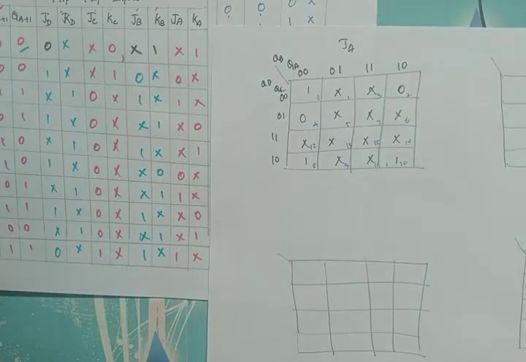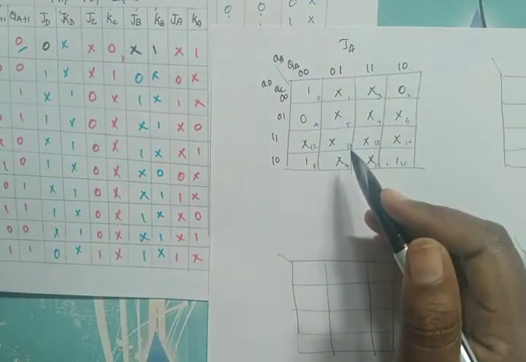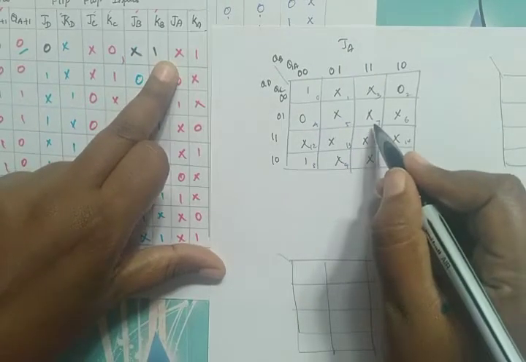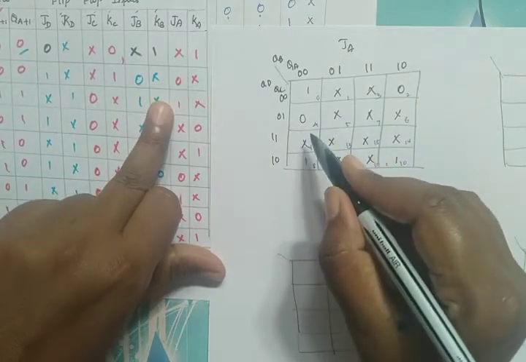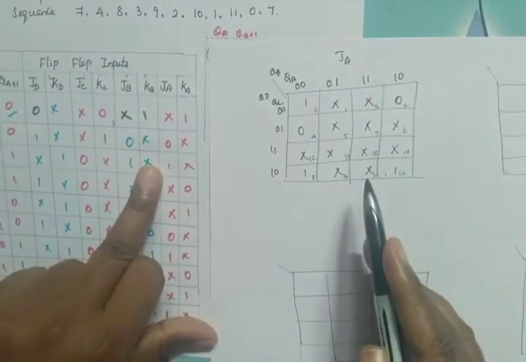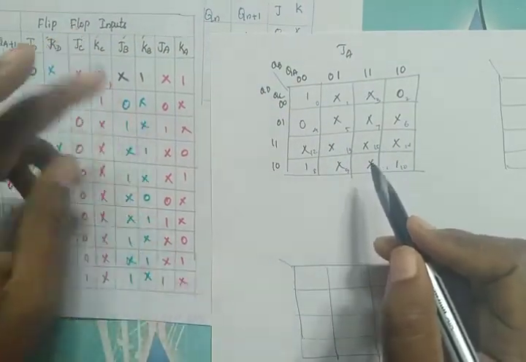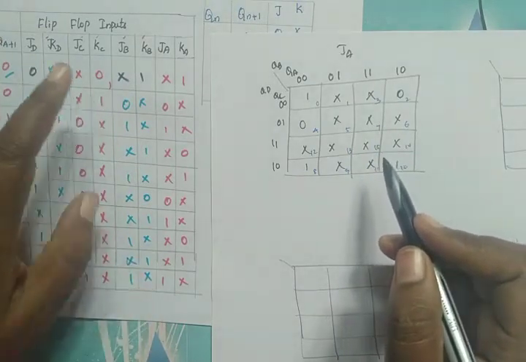Now what we have to do is check this. For 7, we know this is number 7. For 7, JA will be X. Then the next number is 4, it is 0. Then the next number is 8. Because in the question we have written the numbers 7, 4, 8, 3, by using those numbers we can fill this table. Then the unused will be marked as X. Now listen here.